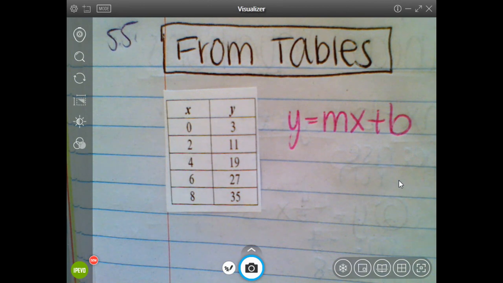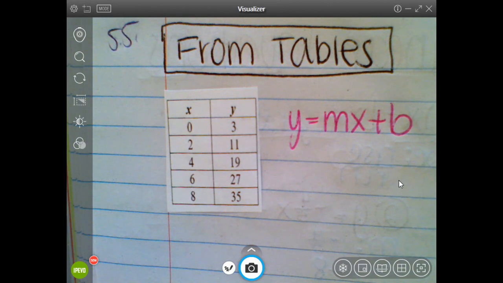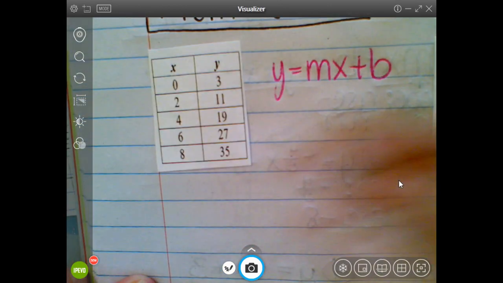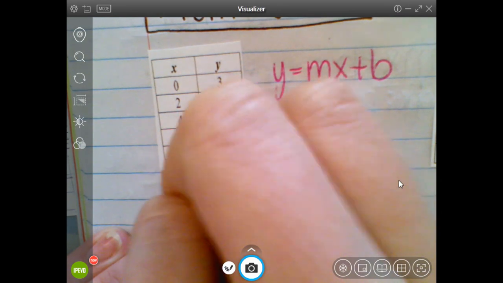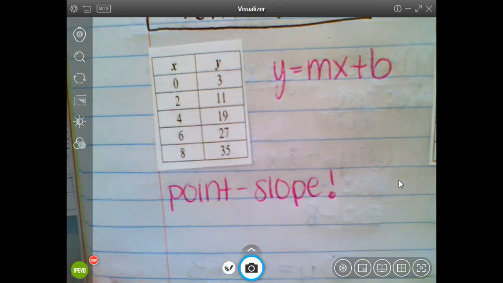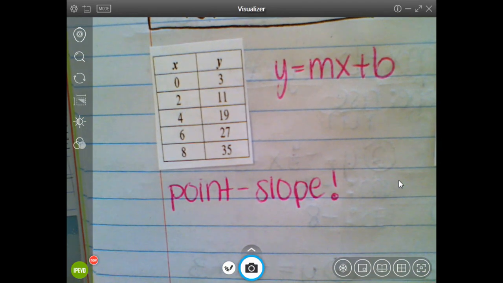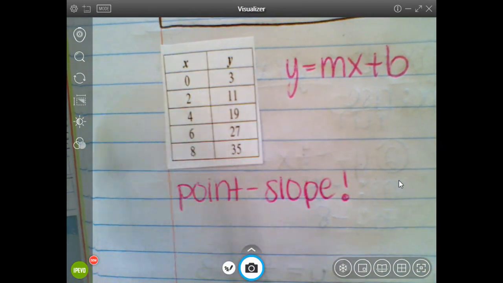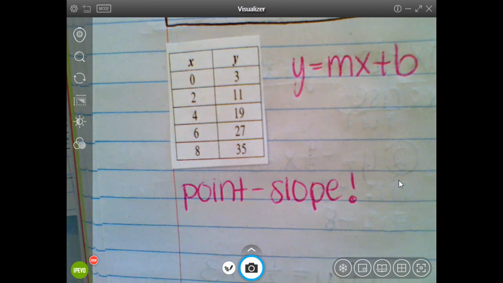So if you think back to what we did last semester, we had another form. One of them was called standard, and that was okay. But there was another one, and the other one was called, you should be saying it, point slope. And with point slope form, we were able to find a slope and then use a point. And that's what we're going to do.